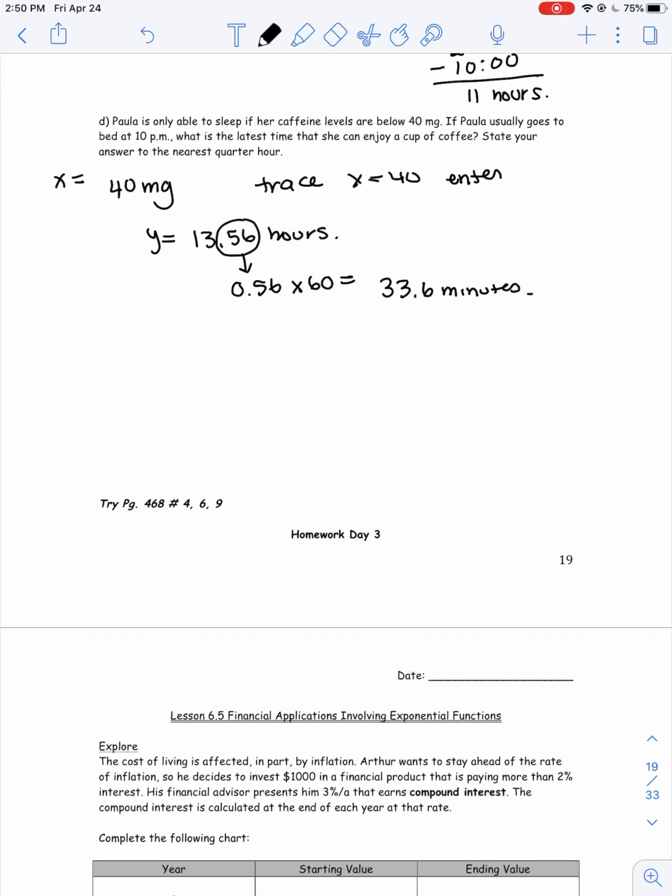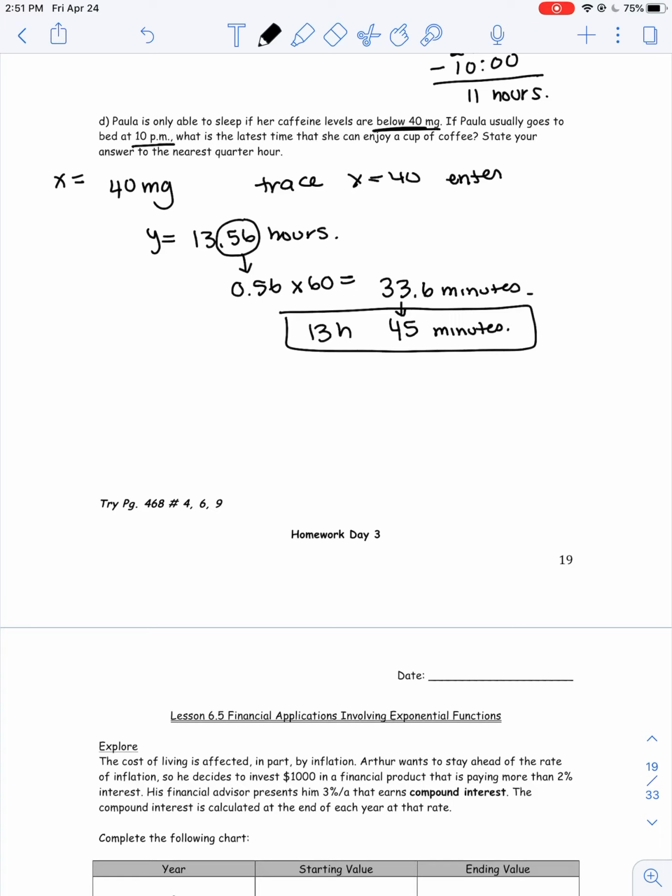The reason is that if we round down, we're going to still have more than 40 milligrams of caffeine in our system. We need to make sure we are below 40 milligrams. So we actually need to round up to 45 minutes. That's going to be 13 hours and 45 minutes.